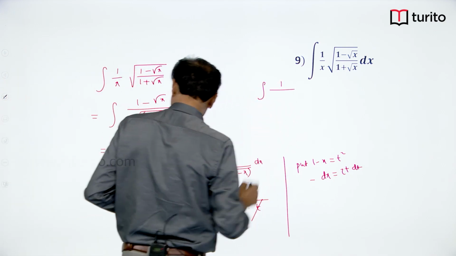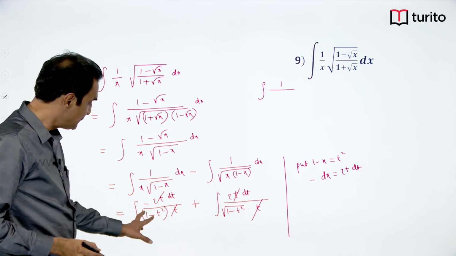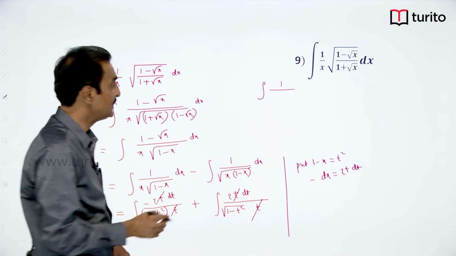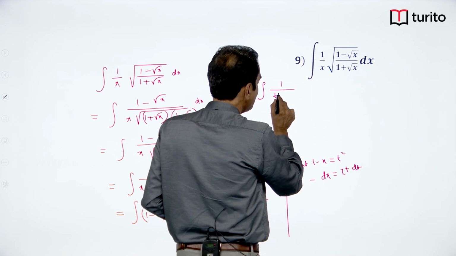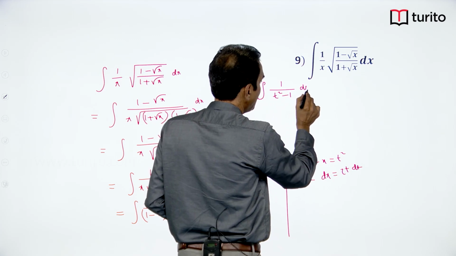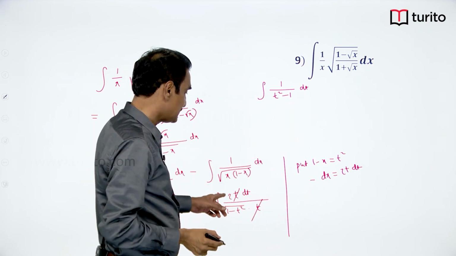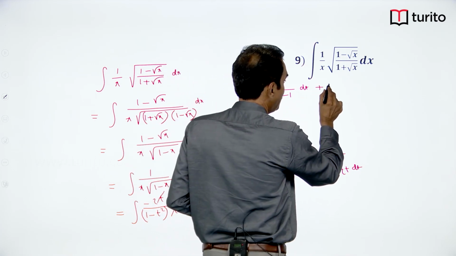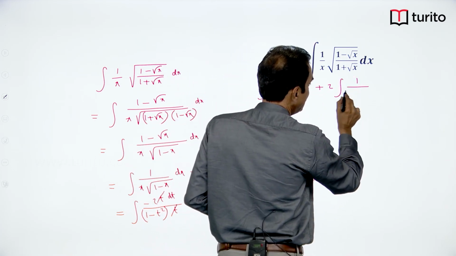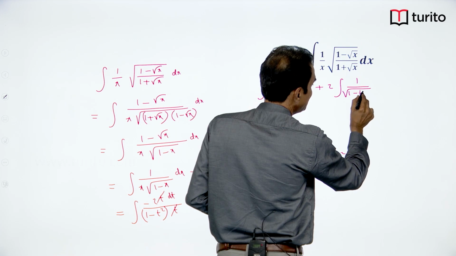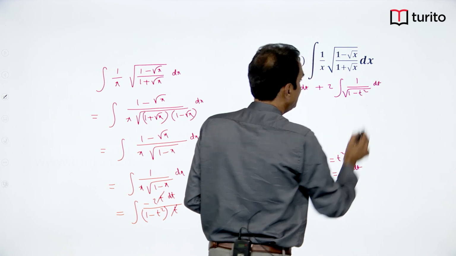Integral 1 by, I removed the minus sign by changing this to t square minus 1, 1 by t square minus 1 dt, plus the second one, plus 2 integral 1 by root over 1 minus t square dt.